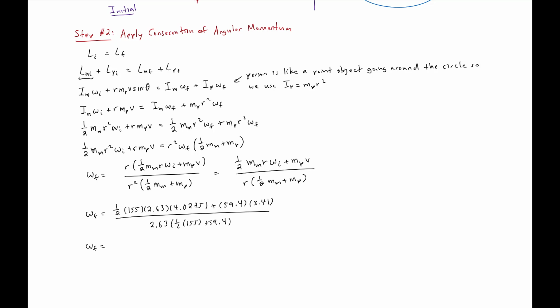When you punch all of that into the calculator, you get 2.844 radians per second as your final angular velocity of the merry-go-round and the person.